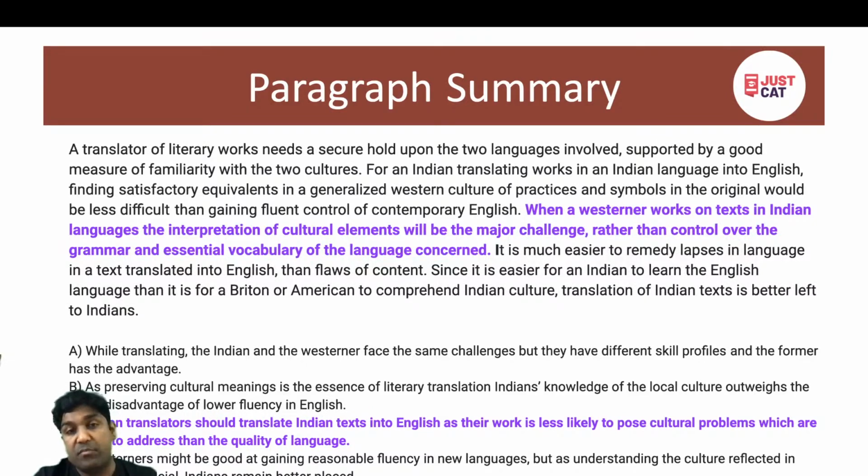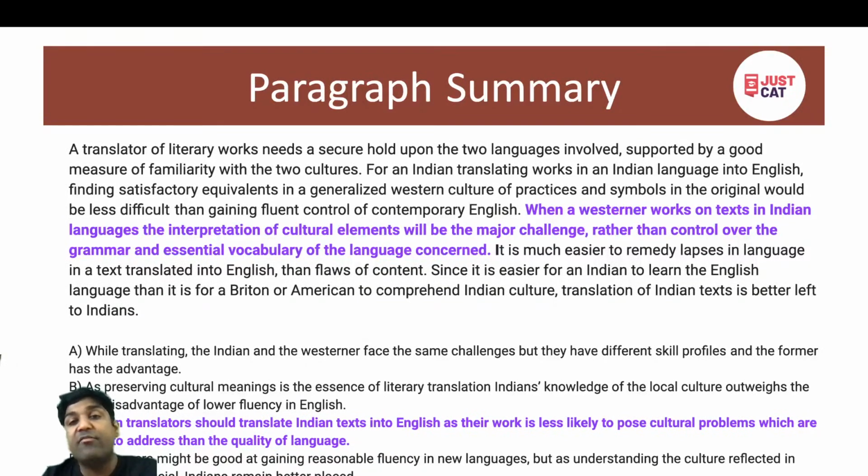So, understanding the foreign cultural elements of India will be difficult, and control over the grammar or vocabulary will be easier. Again, you may not agree with this. You might think that a Westerner will have more difficulty in understanding an Indian language than the culture.